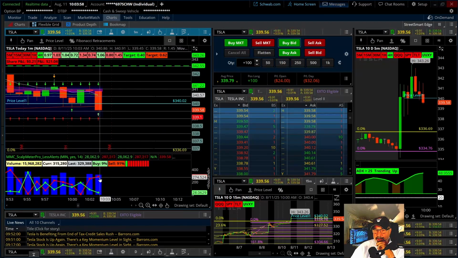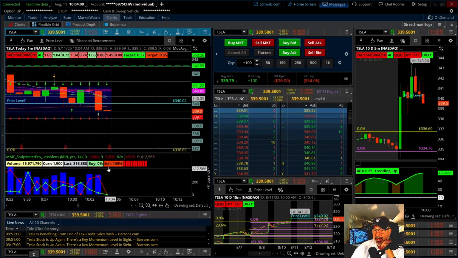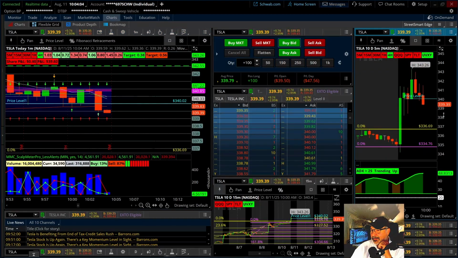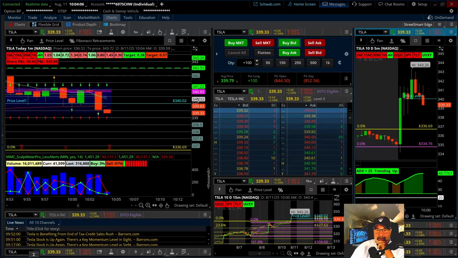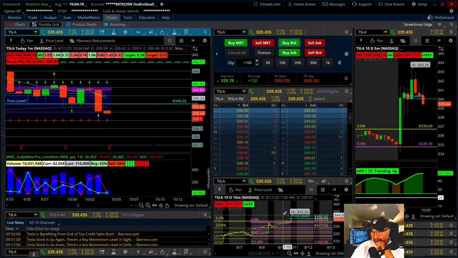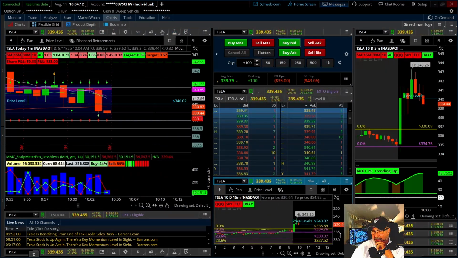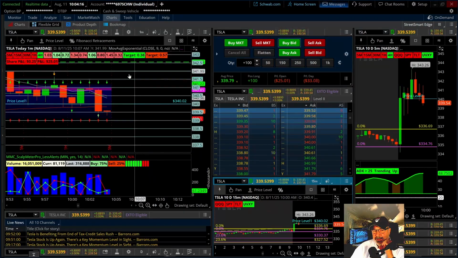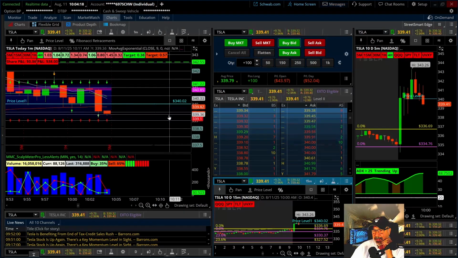But it sure doesn't look like a dip the way it's acting. I think I assessed it long enough to call that move. I think that was a logical place to get in.